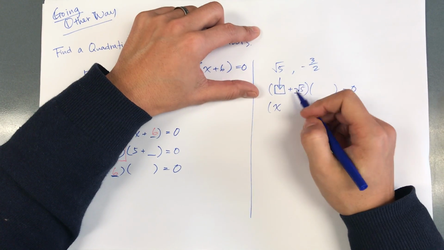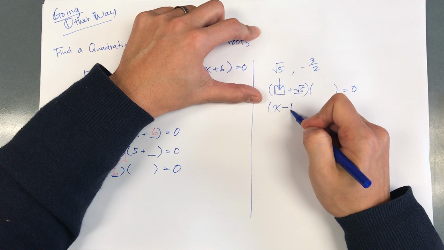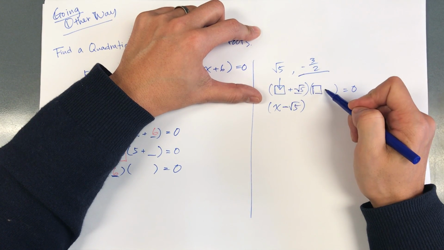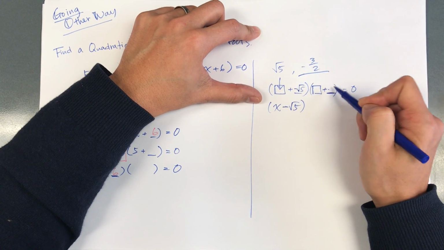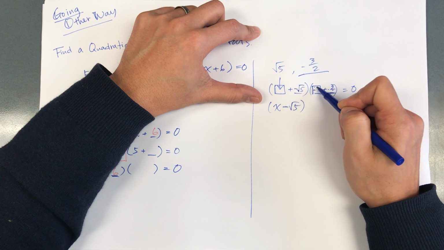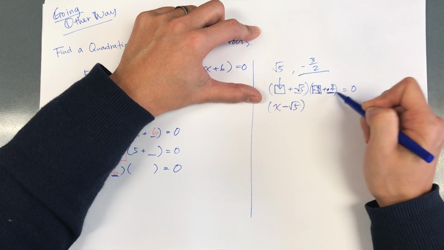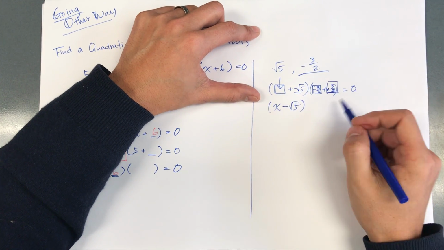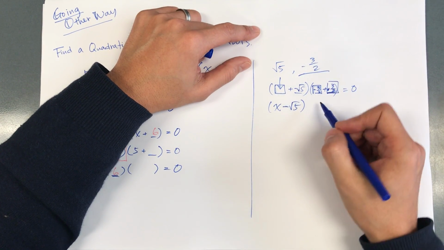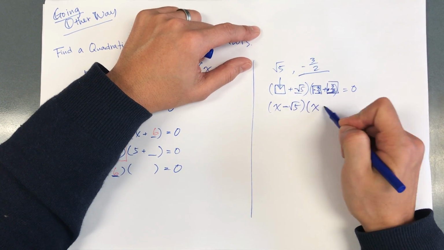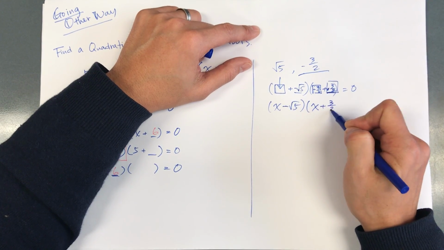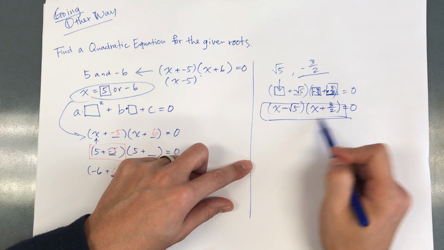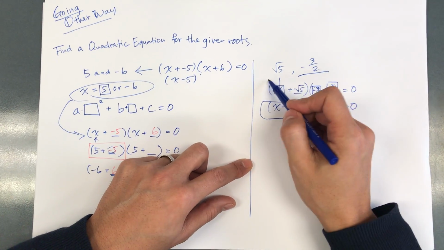So one factor could be x minus square root of 5, and for the other root, plug it in here. The opposite of this will give you 0. So it's going to be x plus 3/2 equals 0. And this is the quadratic equation for these roots.